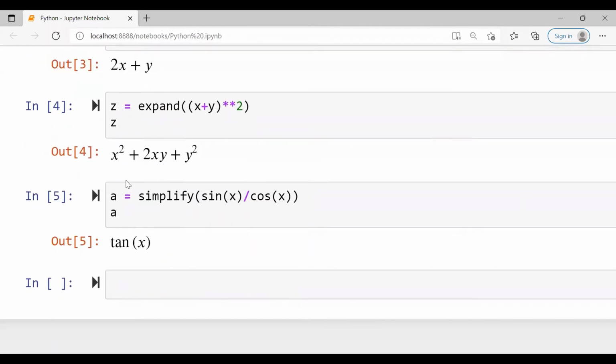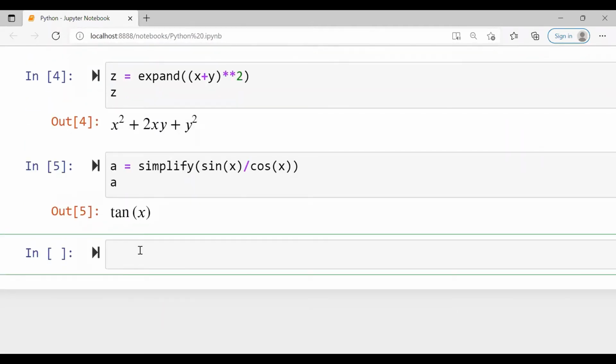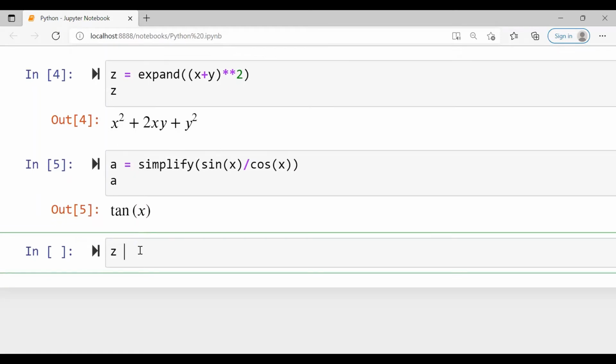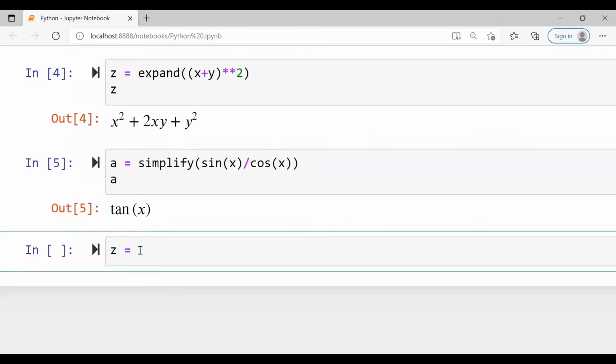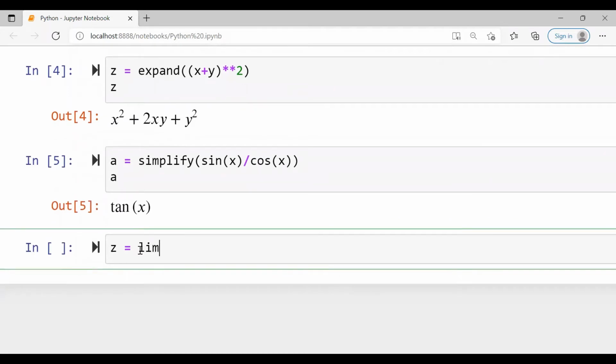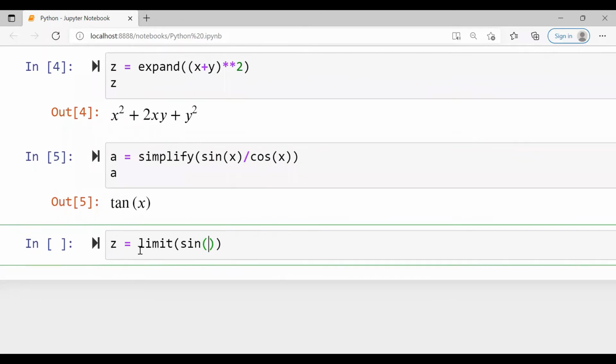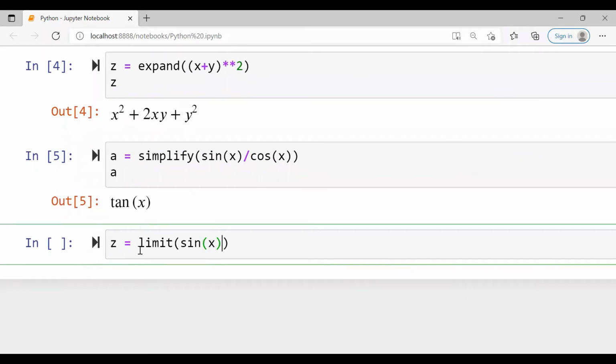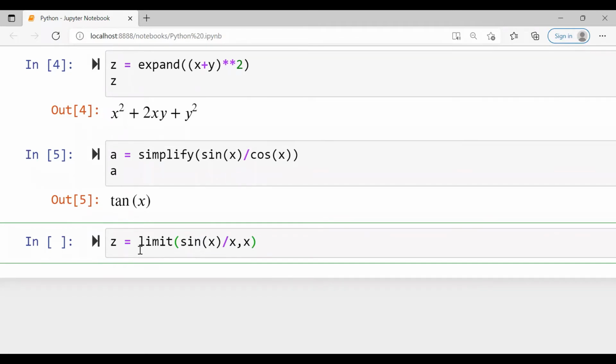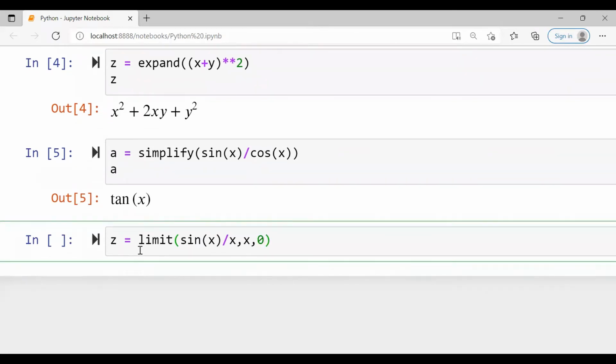So now let us check for a limit, right? z is equal to, we take a limit of sin x by x. Now we have to give the limits. For giving the limits, we put a comma, x tends to 0. That is, you put x comma 0.